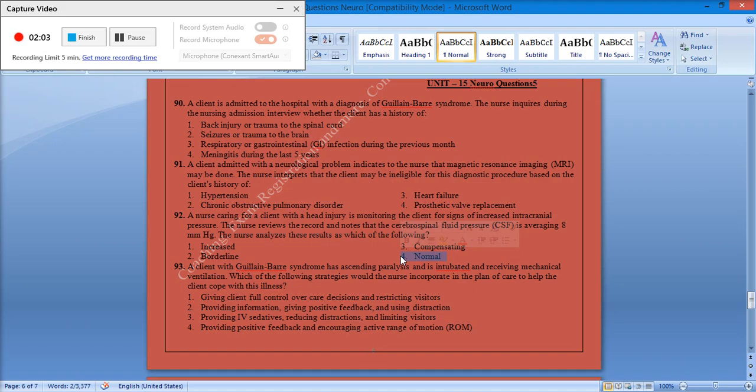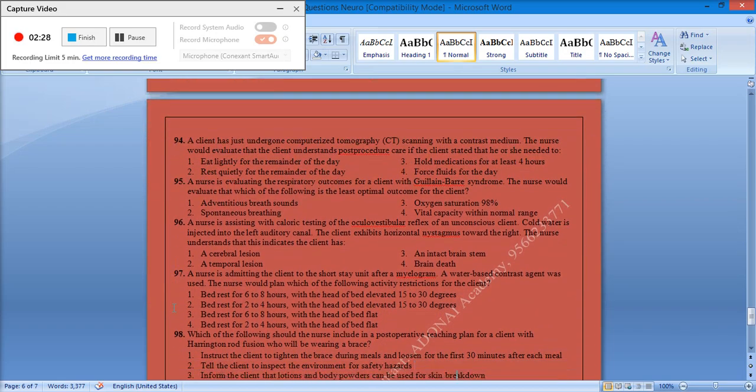Providing information, giving positive feedback and using distraction. 3. Providing IV sedative, reducing distraction and limiting visitors. 4. Providing positive feedback and encouraging active range of motion. The correct answer is 2. Providing information, giving positive feedback and using distraction.